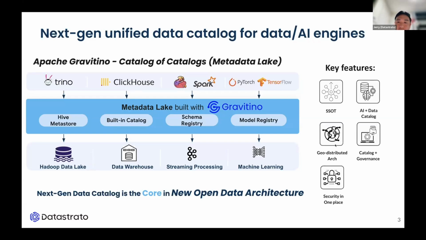And because we provide a unified view and unified access of the data, we can also manage the data on top of it. So we provide centralized governance and security in one place within Gravitino. With this, we can manage the data all together and provide a unified, federated view of the data across stacks, regions, and clouds.